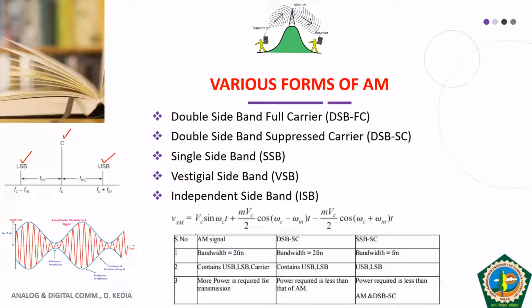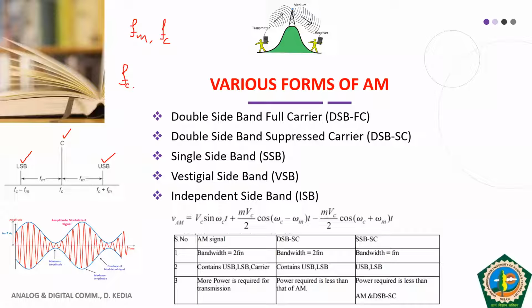Now, before modulation, what was the case? We had two frequencies, FM and FC. After modulation, we have three frequencies.